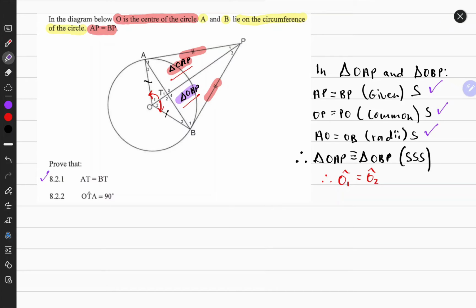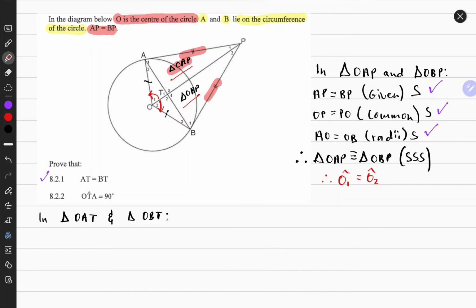So let's focus our attention on the smaller, corresponding triangles, that is OAT and OBT, so that we can try and prove congruency in those triangles in order for us to show that these two sides are equal in length.